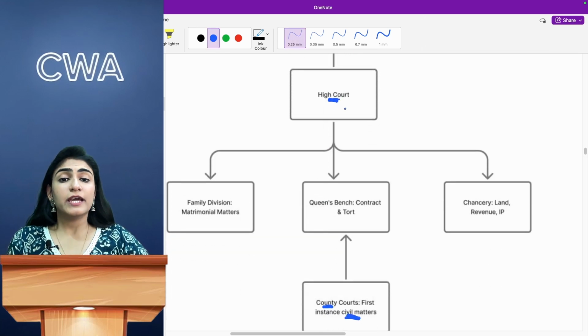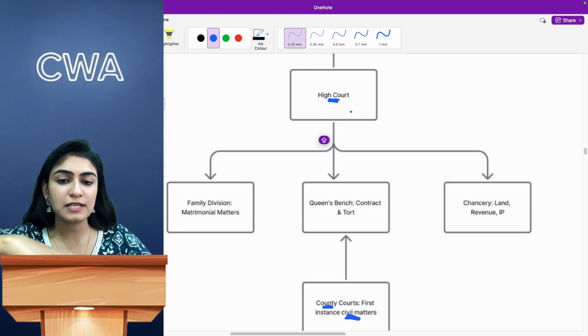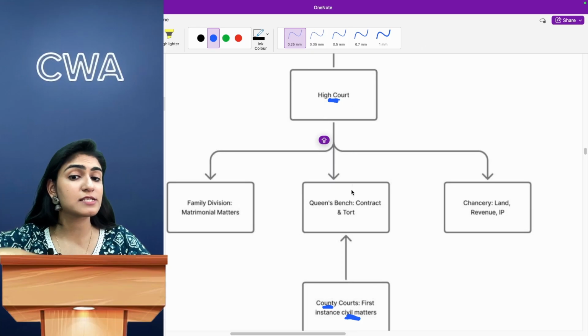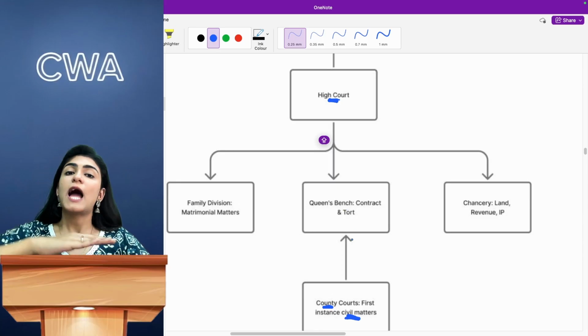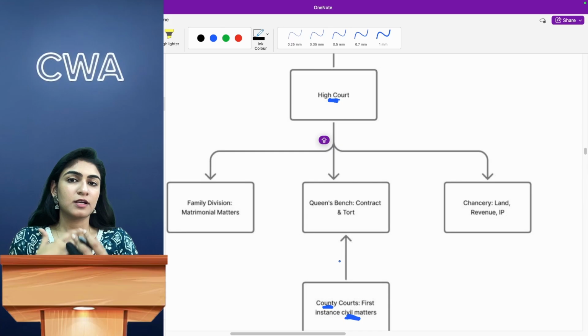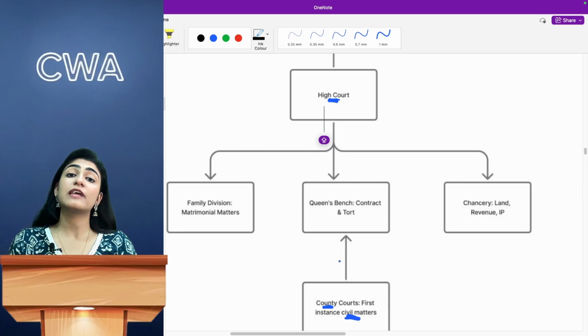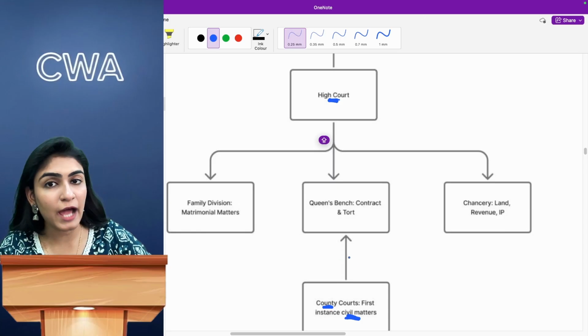If the case is discussed for the very first time in county court, and a proper solution is not given, or people think that this is not the right solution, they have the option of going to High Court.